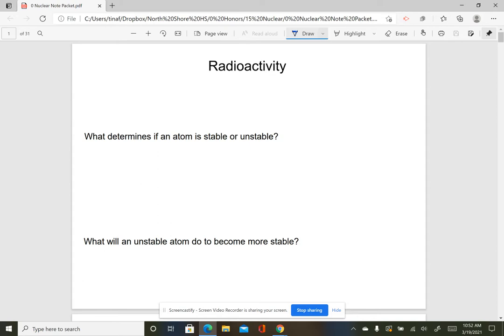As far as radioactivity goes, we need to talk specifically about the nucleus of the atom and whether it's stable or not. If the nucleus is unstable, then that means that that atom is radioactive.